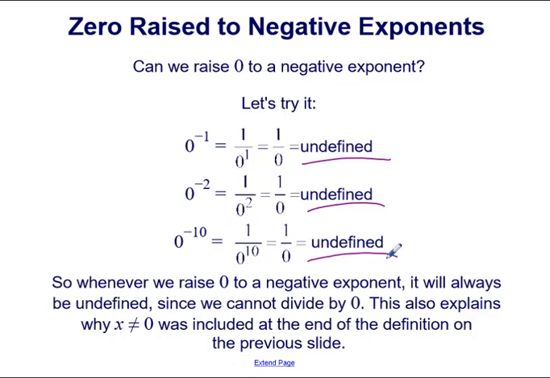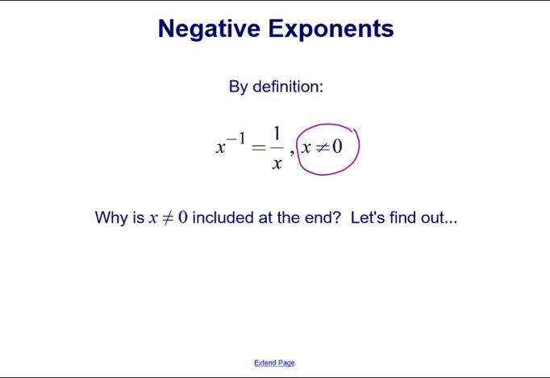So this also explains why x cannot be equal to 0 was included at the end of our definition. By definition, x to the negative 1 is equal to 1 over x, but we cannot have a base of 0 because 1 over 0 would be undefined. So we have to be careful of that when we're working with negative exponents.